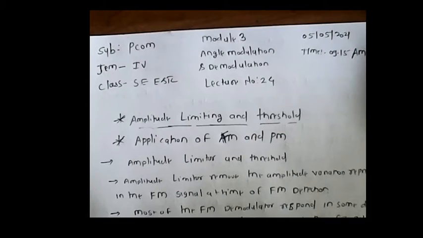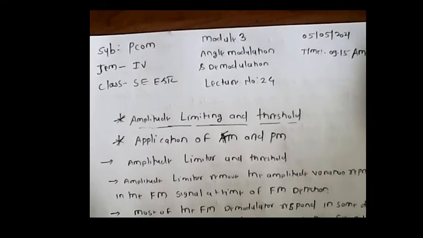So whenever the FM modulated waves are transmitted over a channel, noise will be added. Due to the noise, there is a variation in the amplitude of the FM modulated signal. So before it is given to the demodulator circuit, it is necessary to remove this noise and the variation in amplitude of the FM signal.